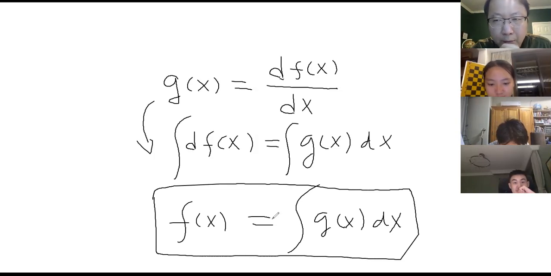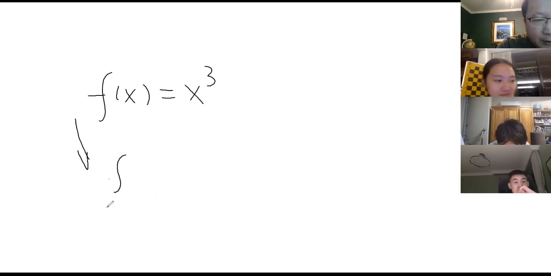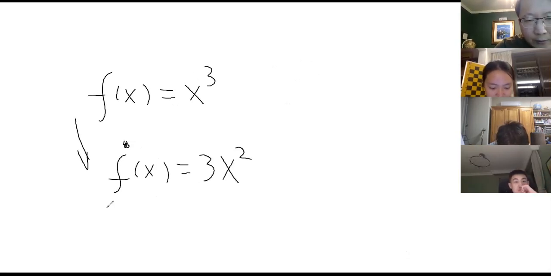If we do reverse derivative, we know that fx equals x cubed has derivative, with a dot on top of the x, equal to what? 3x squared. Correct?